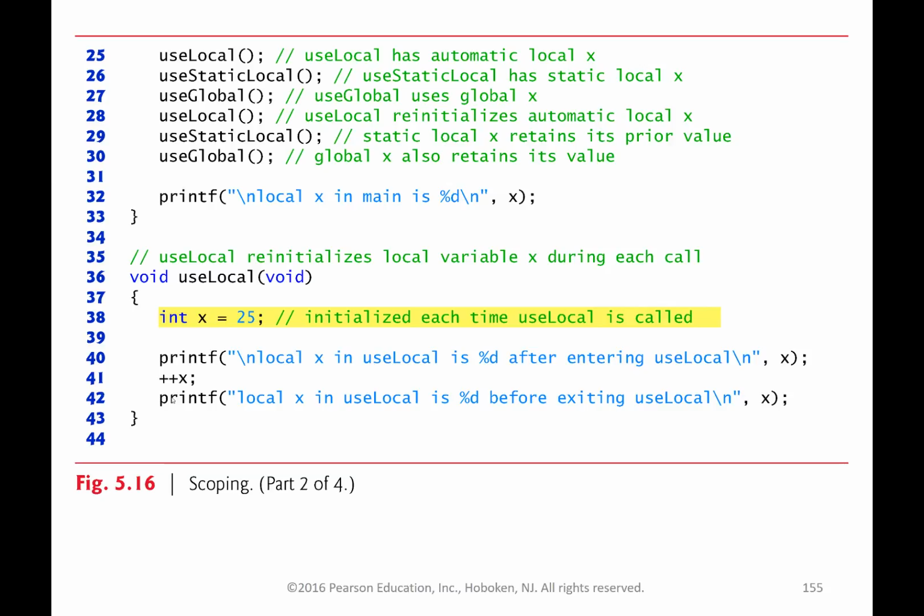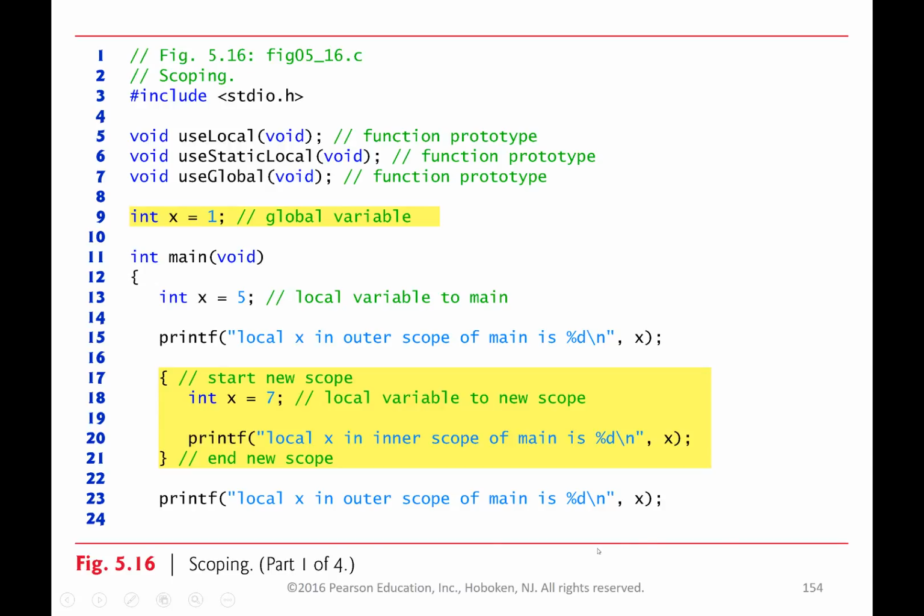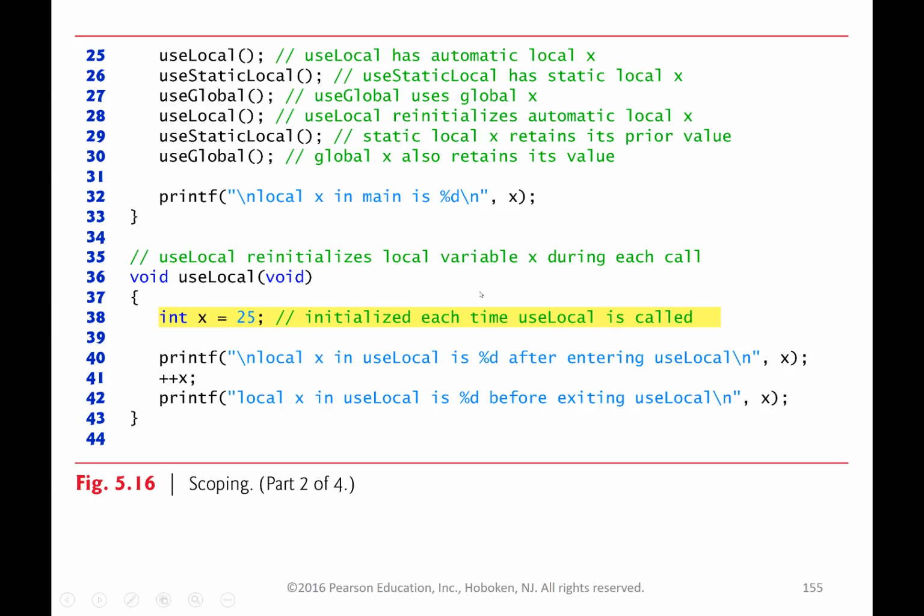You can see how complicated life can get. What does x equal? Well, here it's equal to 5. Here it's equal to 7. Somewhere it's equal to 1, I don't know where. There's probably another function down here. Here it's equal to 25.